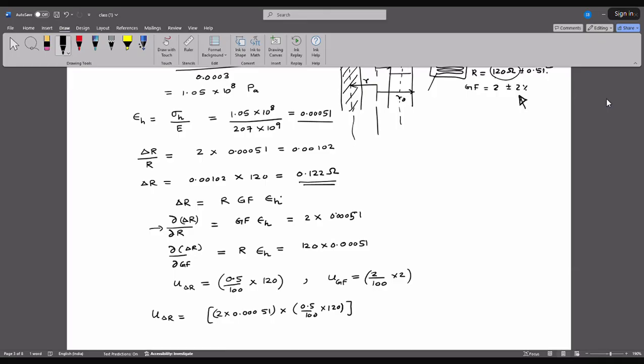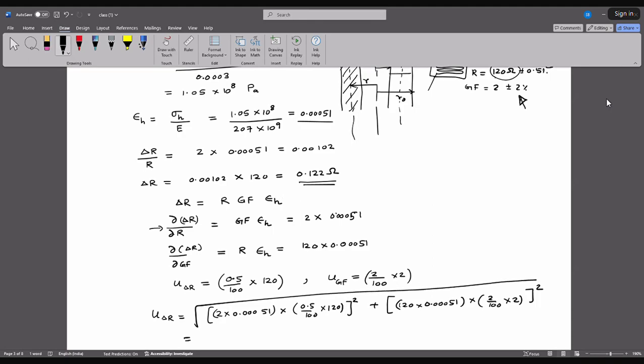So this squared plus you have 120, the gauge factor 0.00051 into 2 by 100 into 2 squared, root.